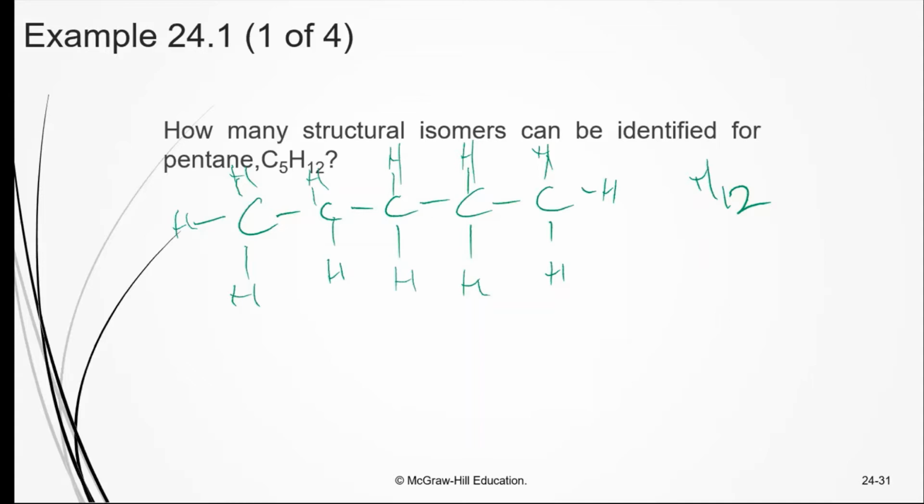But instead, what we can do is take those carbons and instead of attaching them straight across, we can make a side chain. Something that looks like that.